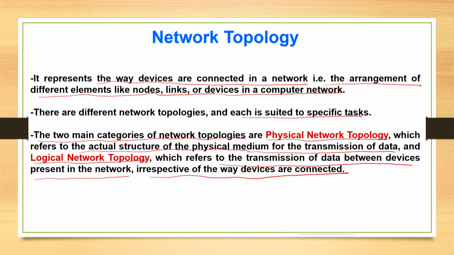It means the physical topology refers to the physical layout of the wires, that is point to point and multi-point connection, whereas logical network topology refers to how data moves through the network. The star, ring, bus, mesh, tree, hybrid come under the logical network topologies.